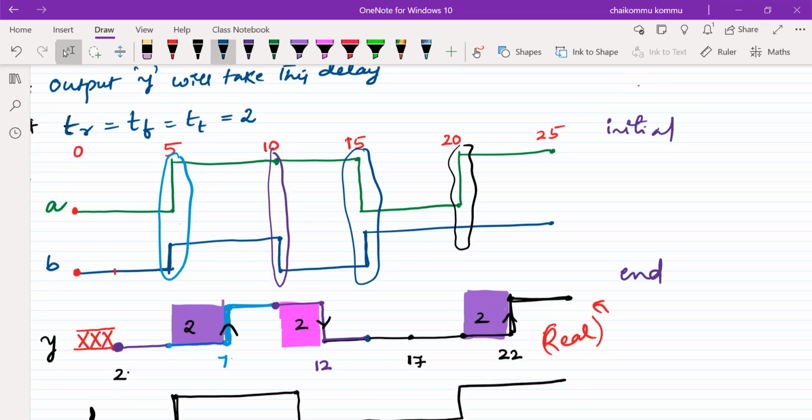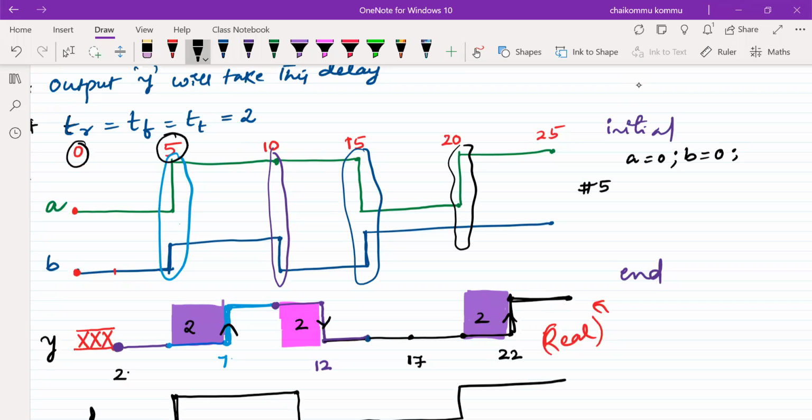Let us start here. For example, A I'm writing, right? So A is equal to 0 initially and B is equal to 0. This is the first one I'm writing, A and B at 0 nanoseconds of time. The change can be observed at 5 nanoseconds, right? So therefore I can write here 5 nanoseconds.